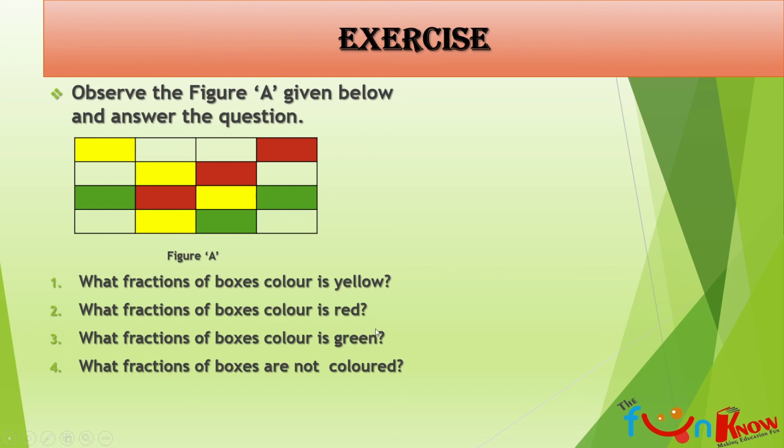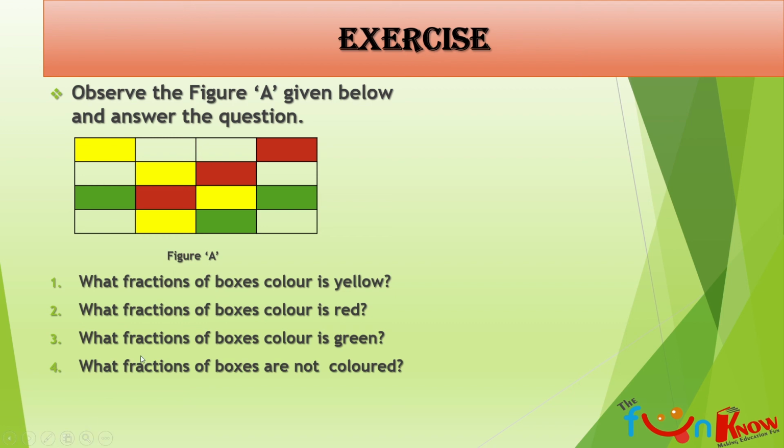Second one. Then you will see how many green color boxes are there and what is the fraction of green color boxes. So green color is also, I think, 3, because I can see 1, 2 and 3. So again 3 upon the whole, that is 16. So 3 by 16.